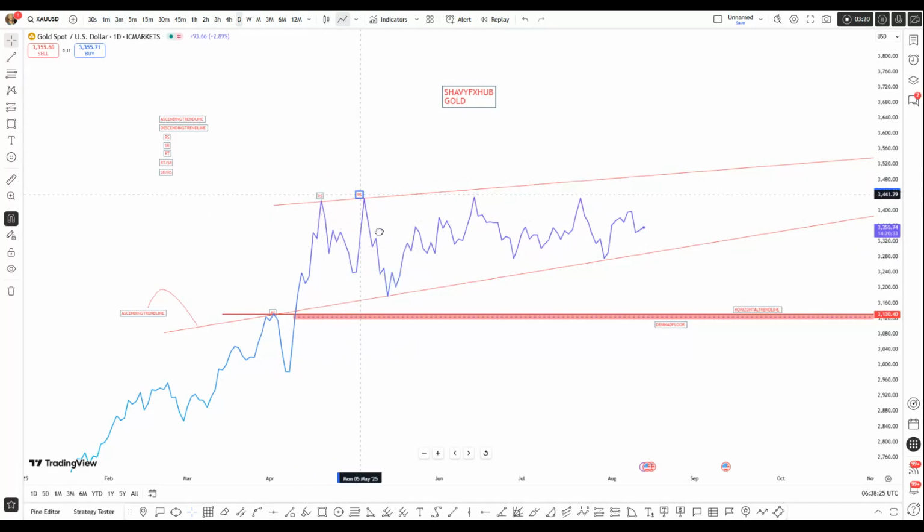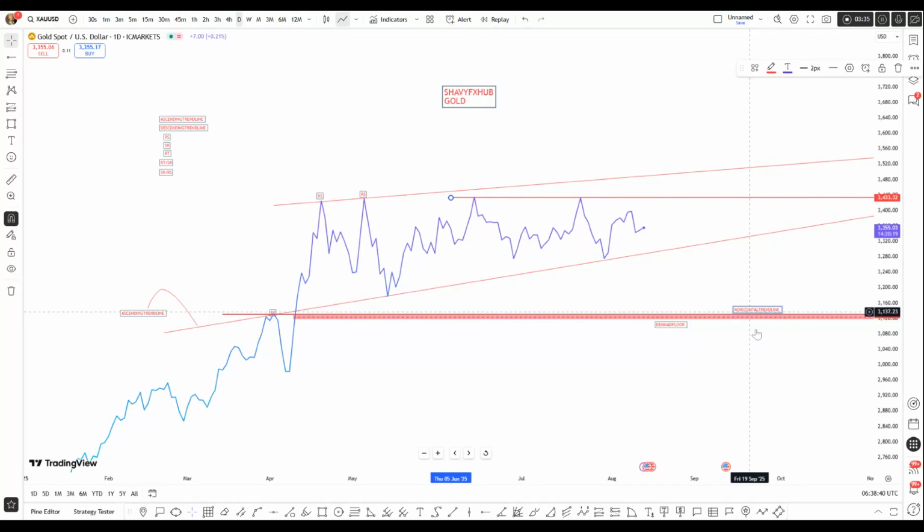Resistance becomes support on break of structure 2. And we have another horizontal resistance structure.